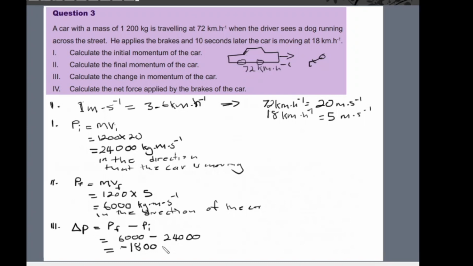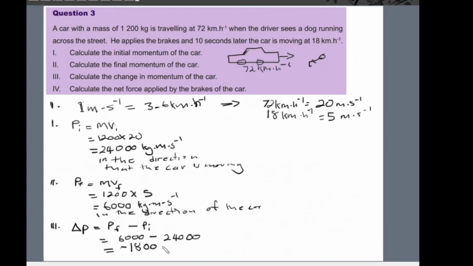Okay, so question 4, but calculate the net force applied by the brakes of the car. So khumbule ukuthi Newton's second law of motion in terms of momentum states that the net force applied is equal to the rate of change in momentum. So that is F_net is equal to delta P over delta t.